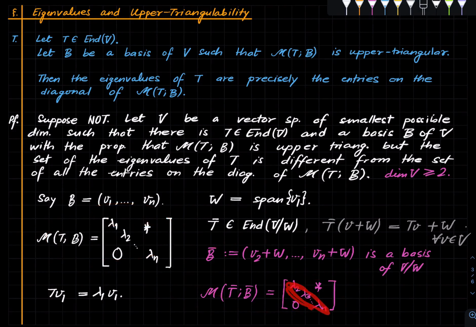Basically, all we need is that the diagonal entries are all these things, meaning all of these things except lambda 1. So that I leave you to check.